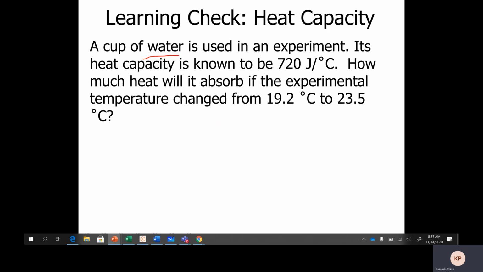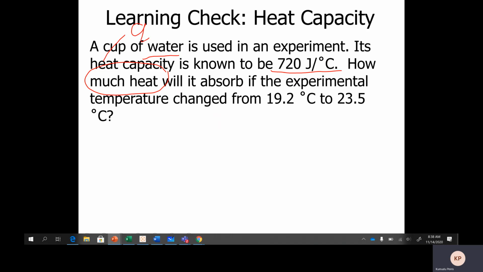And its heat capacity is known to be 720 joules per degree Celsius. How much heat will it absorb if the experimental temperature changes from 19.2 degrees Celsius to 23.5 degrees Celsius? So we want to know how much heat will it absorb during this process. So what is that? It is the Q. We are looking for the value for Q.